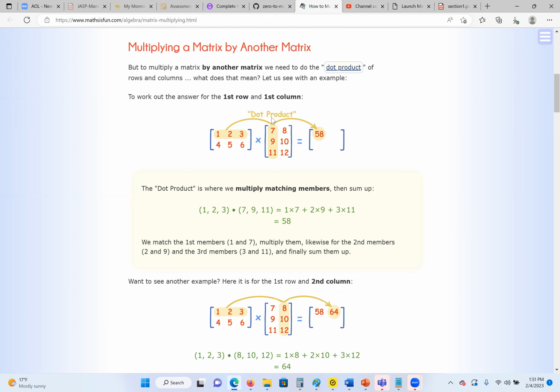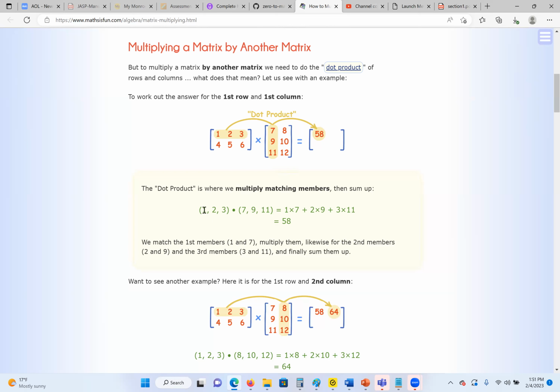Then the first column of the second matrix on my right is 7, 9, 11. Those are the two sets of values here. Again, 1, 2, 3 on the first row of my left matrix, and also the first column of the second matrix on my right: 7, 9, 11.